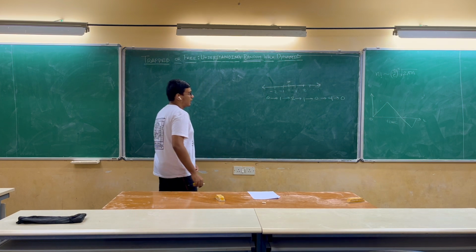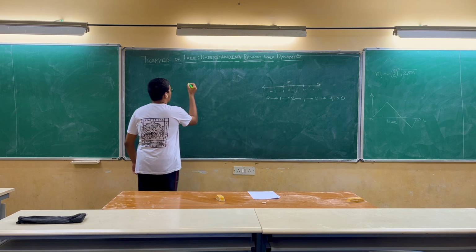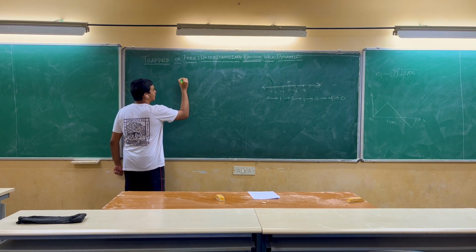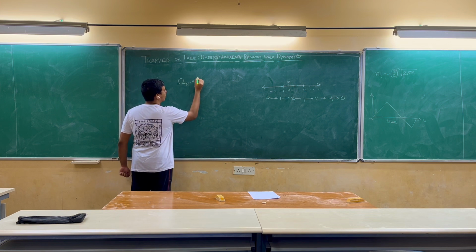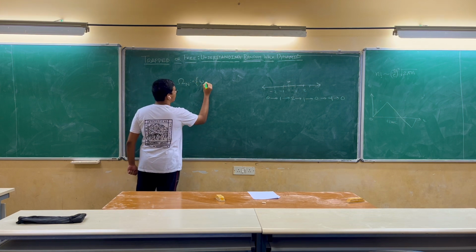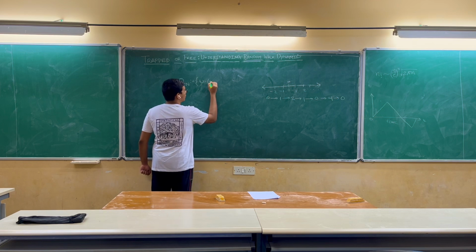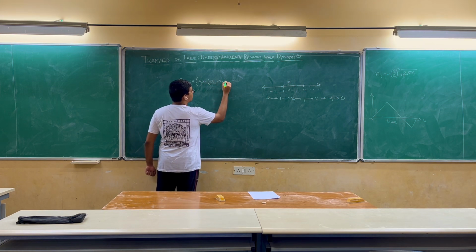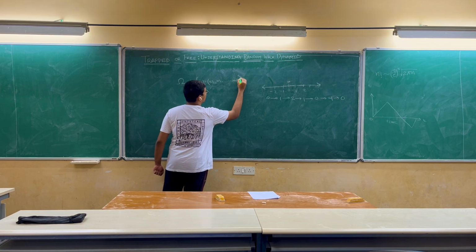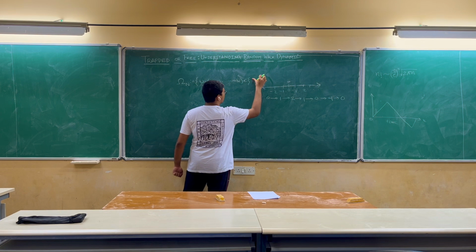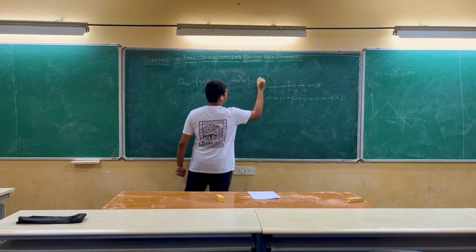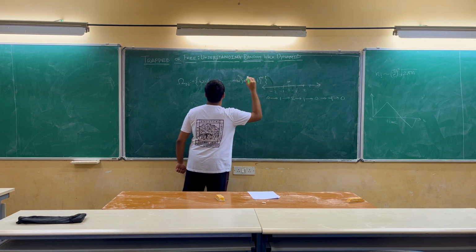So, to define it formally, let's consider the sample space omega sub n, which is basically the collection of all omega 1, omega 2 until omega n, and this belongs to {-1, 1} whole power n, this set.